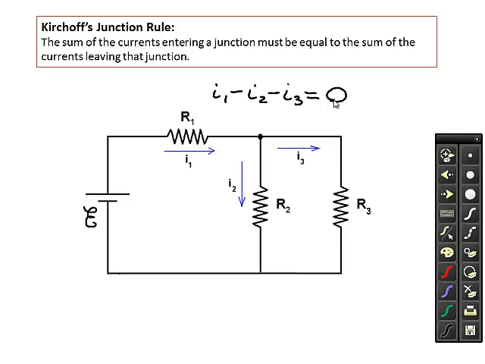Or a more common sense approach might be to say that I1 equals I2 plus I3. But quite often we write it this way because later on we'll end up with a system of equations, and if they all say equals 0 at the end, it makes the system a little nicer to solve sometimes.